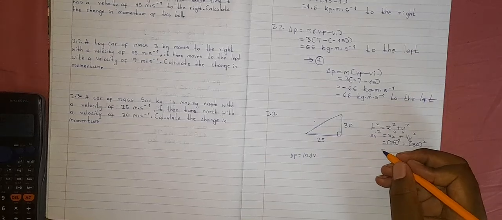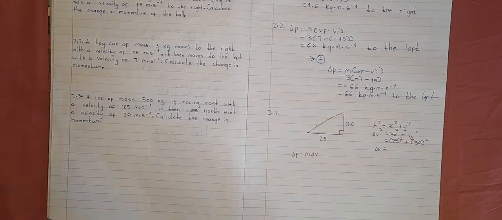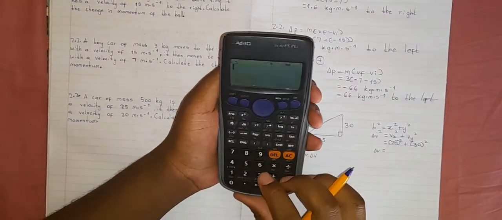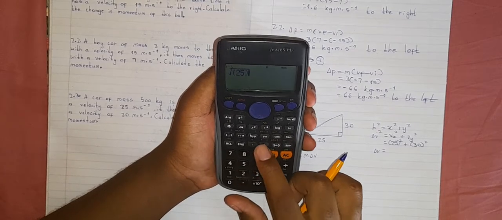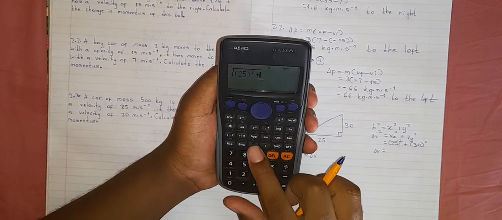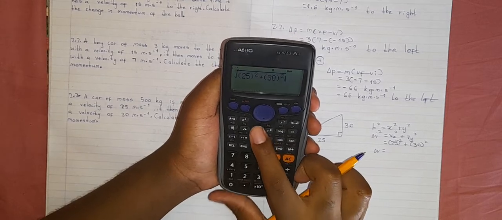We take the square root of this: the square root of 25 squared plus 30 squared.